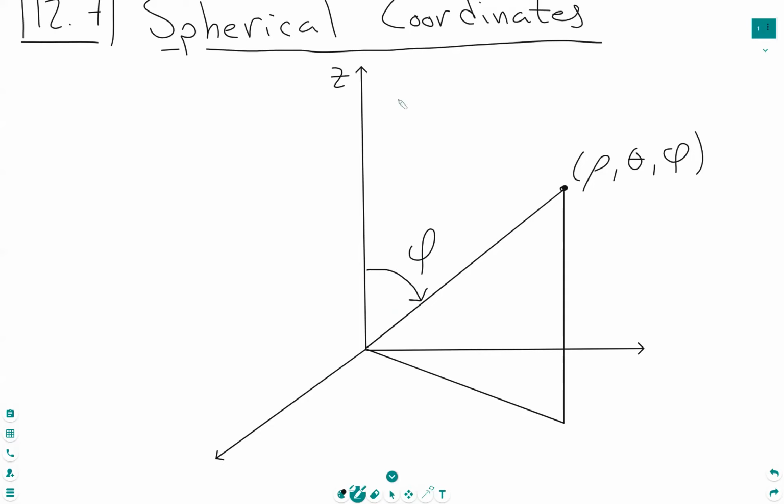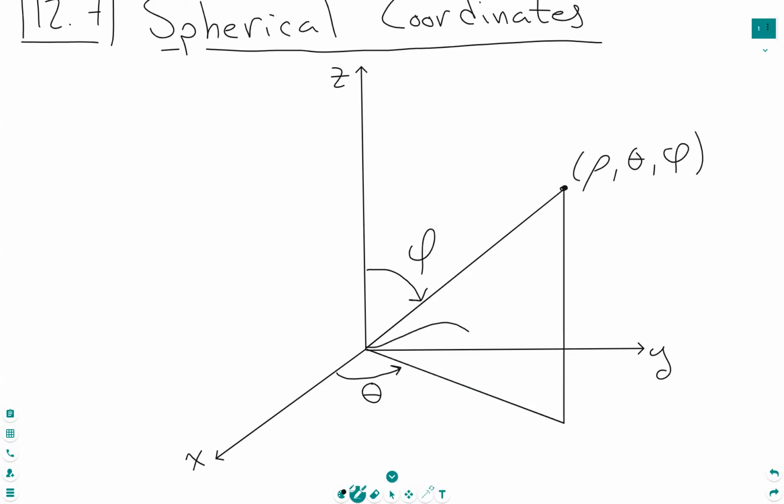So this is z, y, and x. The angle from the x-axis to this line in the xy plane is theta.